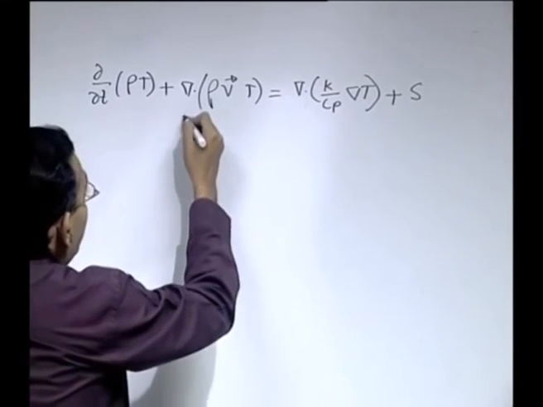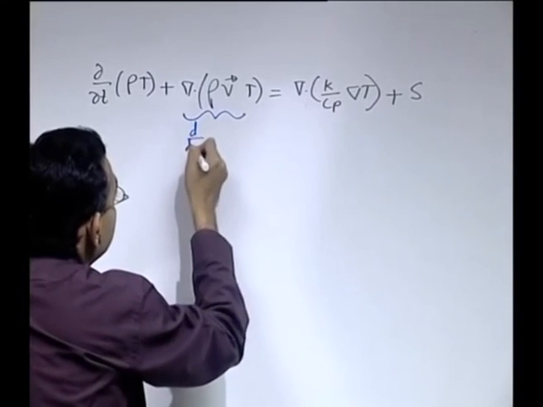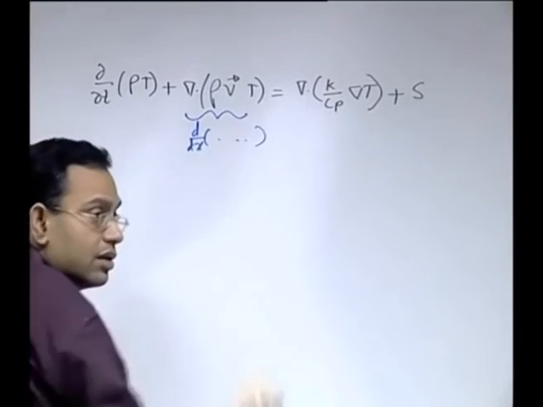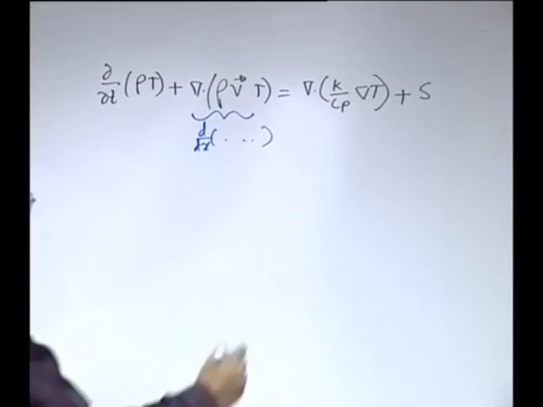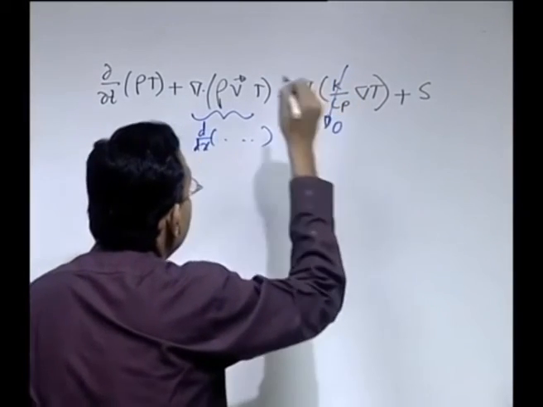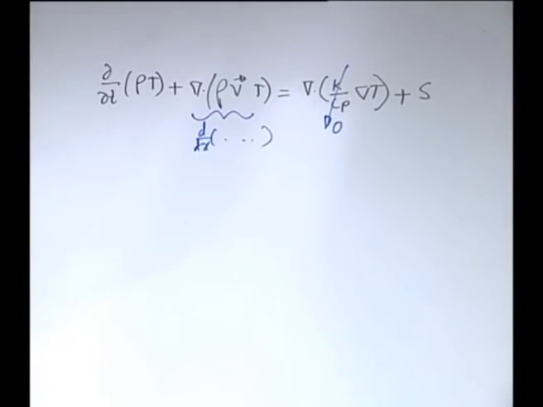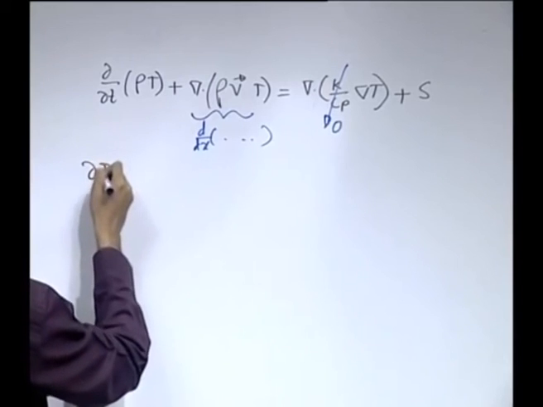This will have only a d dx component because it is one dimensional. This term will go away, and if you use the continuity equation together with this, you will get equation of this form.